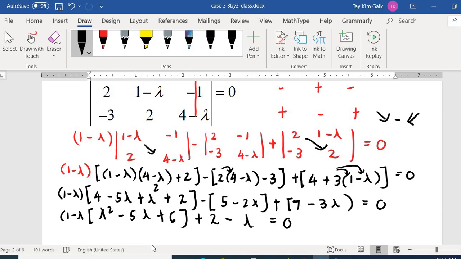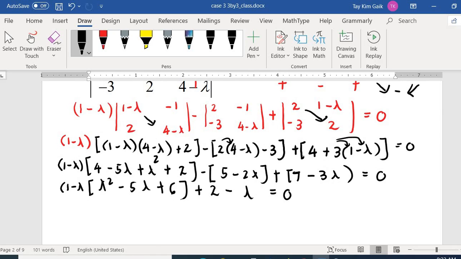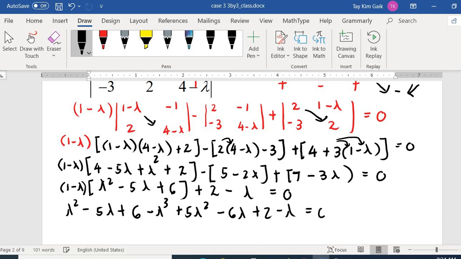And then expand this one: 1 times this one, we have lambda squared minus 5 lambda plus 6. Minus lambda multiplies here, so minus lambda cubed plus 5 lambda squared minus 6 lambda, plus 2 minus lambda equal to 0.